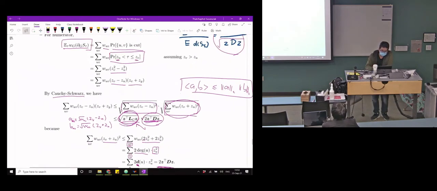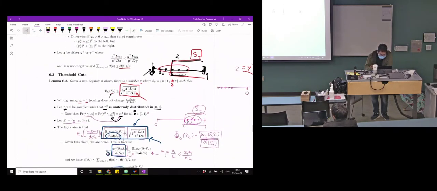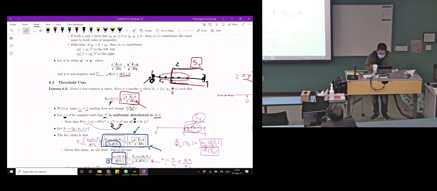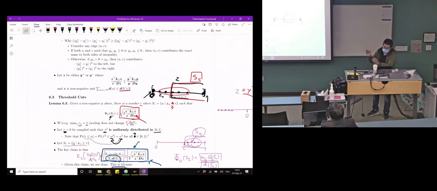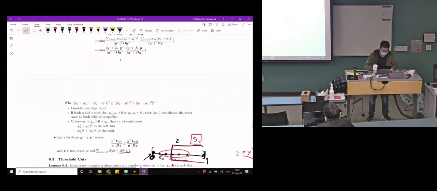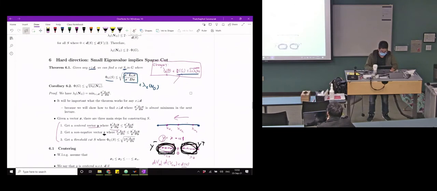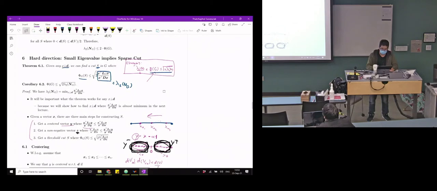So the point is, this is just a proof that there exists a sweep cut, which is good. Given the vector x, there exists some sweep cut, either from the left or from the right.